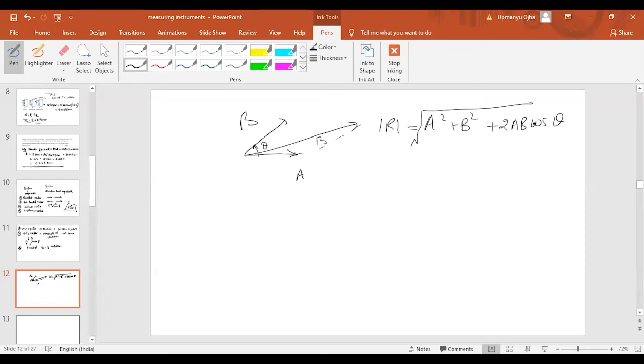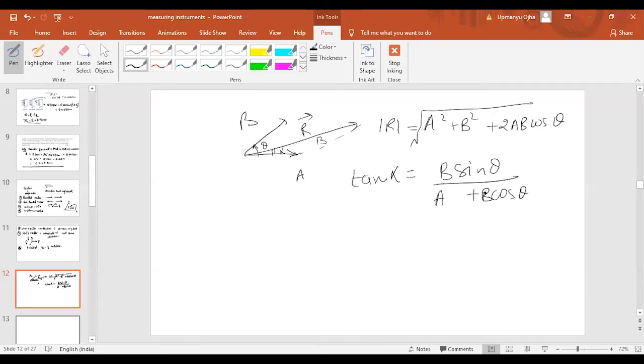So when the two vectors are added, the resultant vector magnitude is equal to the root of a square plus b square plus 2ab cos theta. And this resultant vector R makes some angle alpha with vector A. The value of alpha is given by tan alpha equals b sine theta divided by a plus b cos theta.